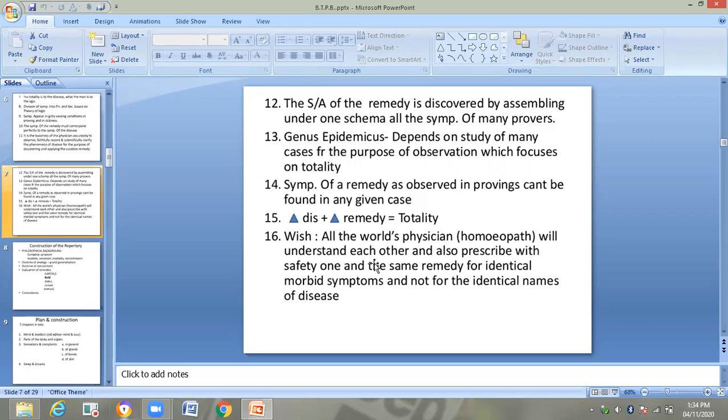So the concomitant symptoms are to the totality what the condition of aggravation as well as amelioration is to the single symptom. Usually, most of the time, the concomitant symptoms are for the whole person and not for any one part, like that of a modality.